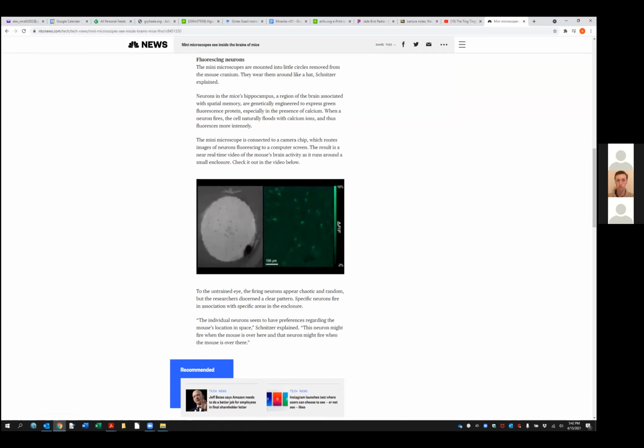They have to have it on top of the head so they could send the fiber optic cables. And on the left, you see video of the mouse running around its cage. And on the right, you see neurons firing. And you see fluorescence from that. These are calcium dependent dyes. So they're monitoring calcium ion activity.